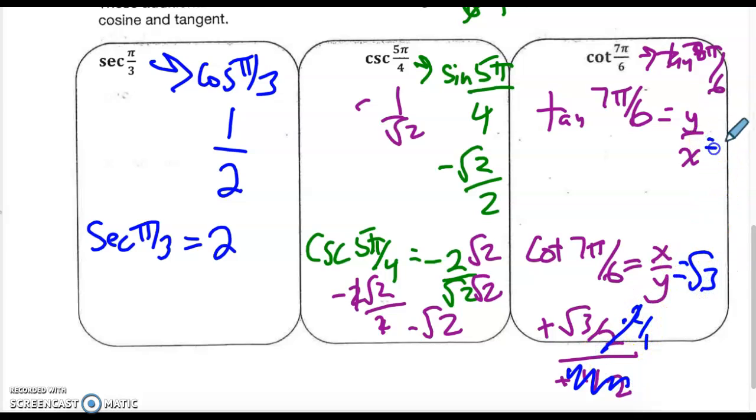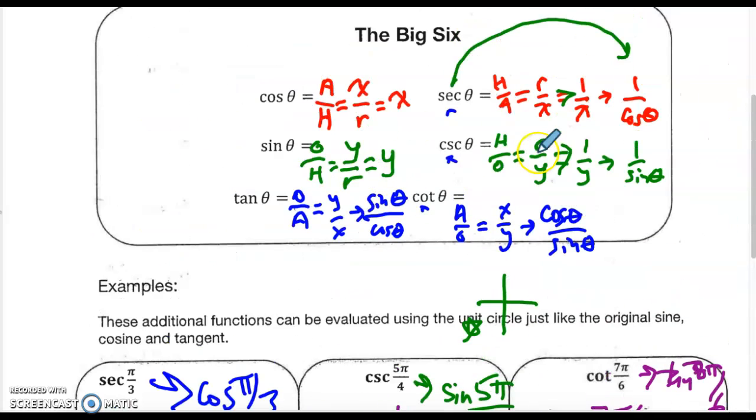And the tangent would have equaled 1 over rad 3, and then you would have had to simplify it, because we would have had 1/2 over negative rad 3 over 2. If we put y over x, 2's cancel, negative divided by negative is positive, and so they're reciprocals of each other. So again, the strategy is recognizing either the coordinates, or you can find the original trig function that it's a reciprocal of and then just flip the answer.